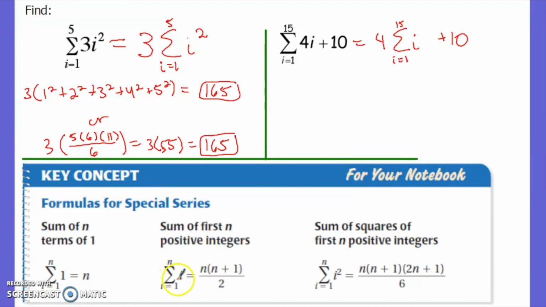Each of these formulas, notice, has 1 already in the formula. So if I'm taking n terms from 1 to n of just the integers, essentially, 1 and 2 and 3 and 4, there's another nice shortcut that says n times n plus 1 over 2.